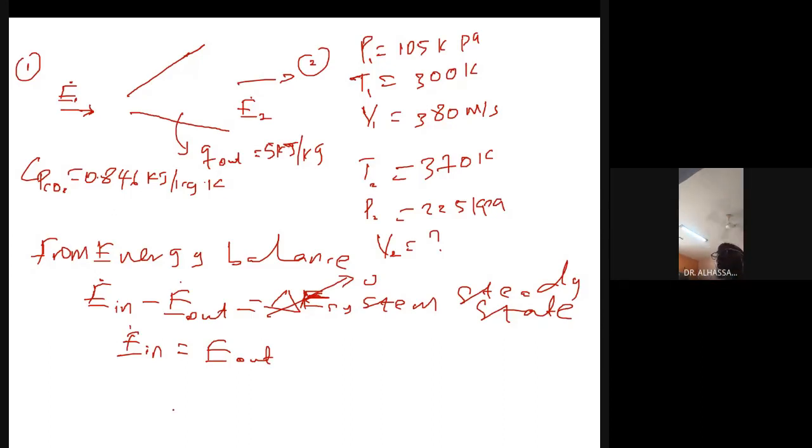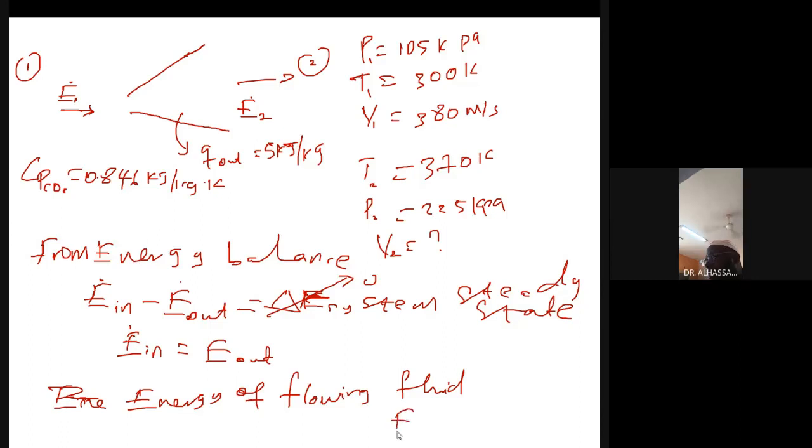One important thing we should know is that the energy of a flowing fluid, when a fluid is flowing into a control volume system, can be expressed as E equals mass flow rate of that fluid times the enthalpy plus kinetic energy of the fluid plus potential energy of that fluid. This is very, very important.